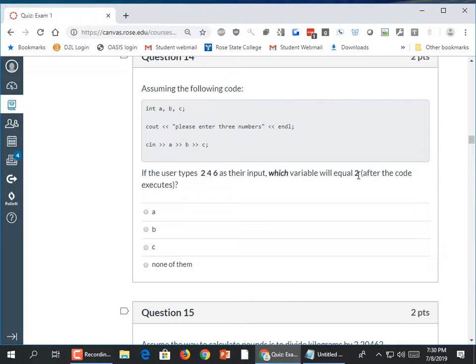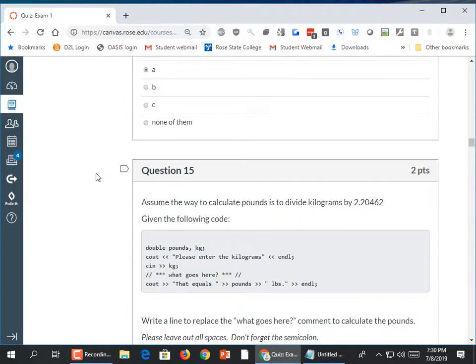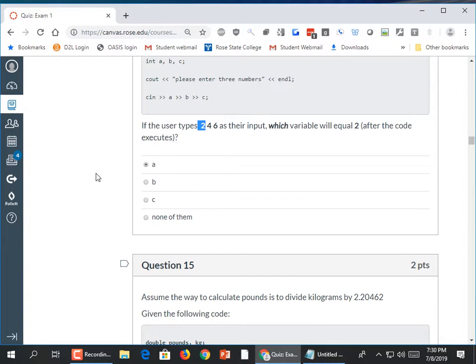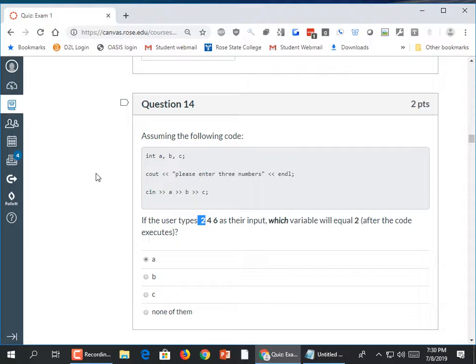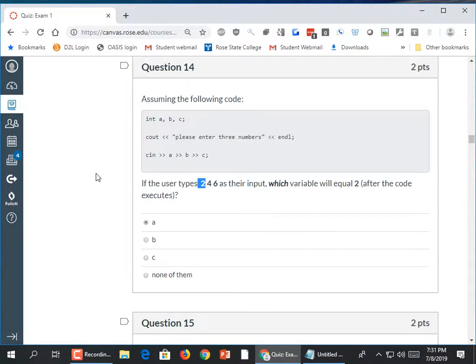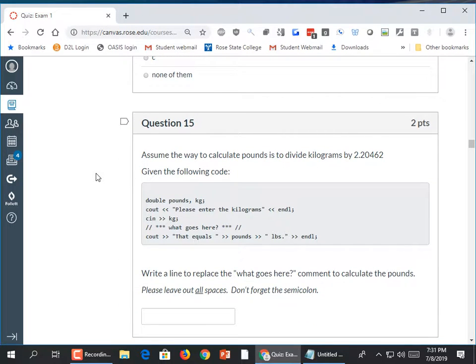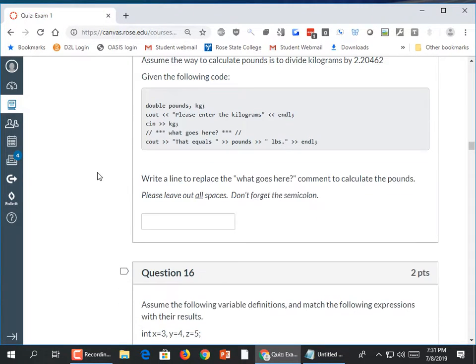So which variable will equal 2? It was the first thing they typed, so it will go into A. Did that one get graded wrong for anybody? Question 14, were you knocked off unfairly for that? No one's saying so, so okay.